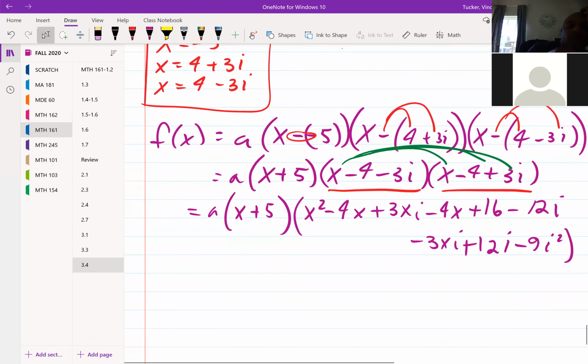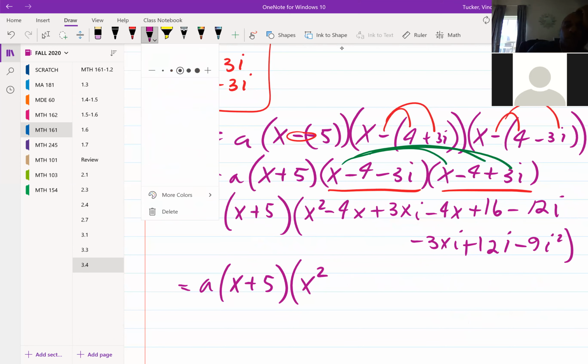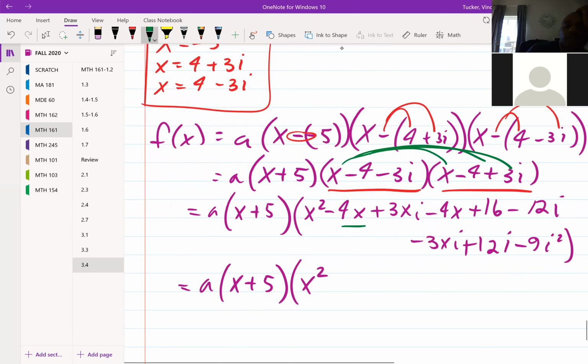Okay. Let's look to simplify and reduce. x squared cannot combine with anything. We have -4x and -4x. That'll be a -8x.